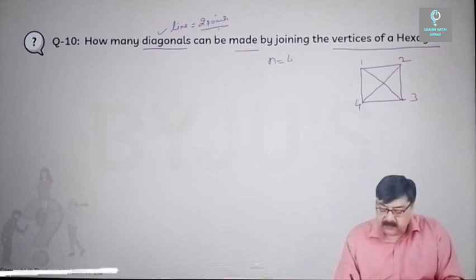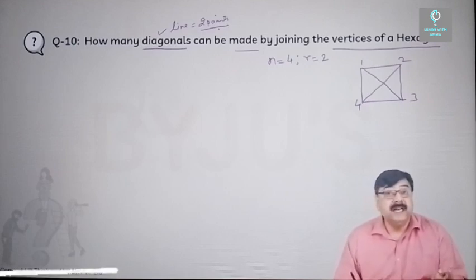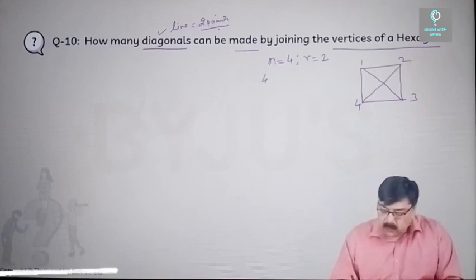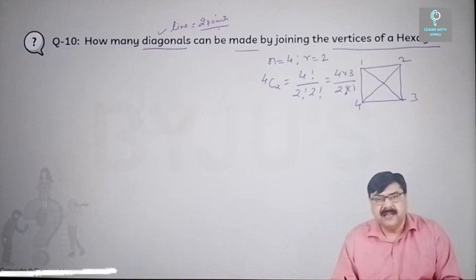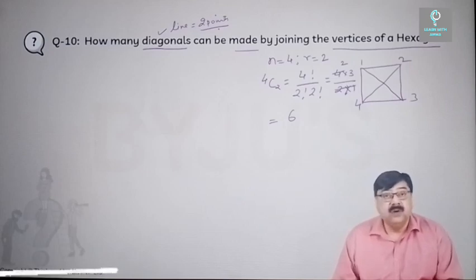So n here equals 4 and r is going to be equal to 2 because we need only 2 vertices to join to form a diagonal. Now what you see is 4C2, that is 4 factorial by 2 factorial into 2 factorial, that is 4 into 3 by 2 factorial, or 2 into 1, because these 2 factorials will cancel in the numerator and denominator. So it becomes 2 here, so it gives you the answer as 6, but you have only 2 diagonals.